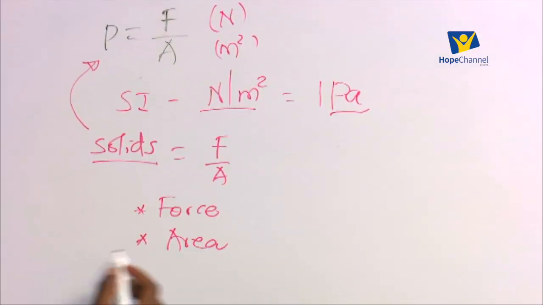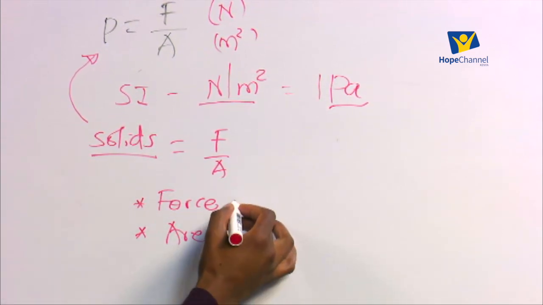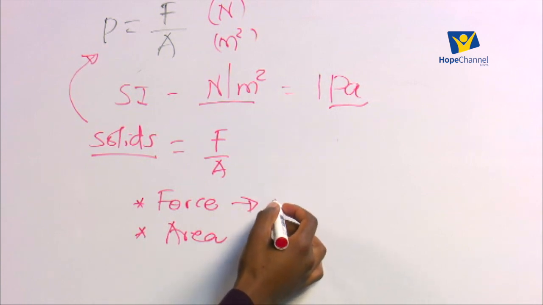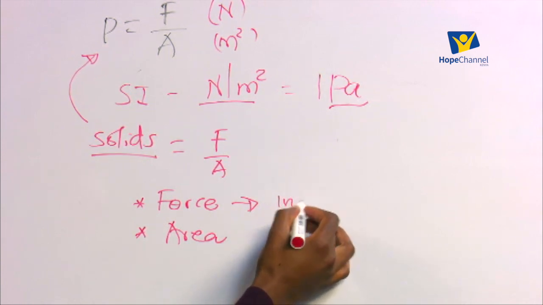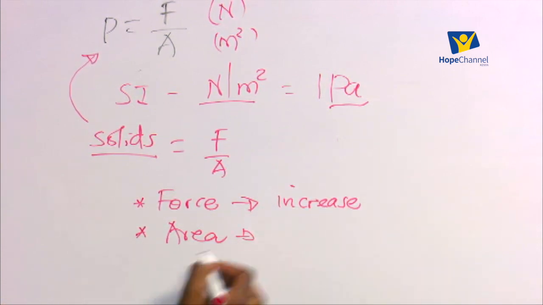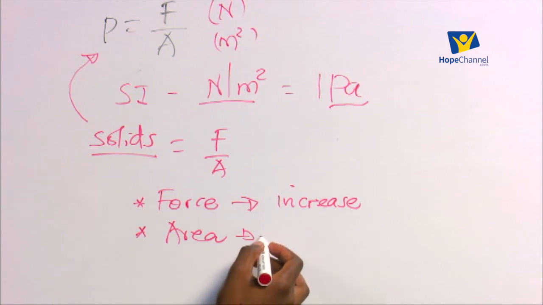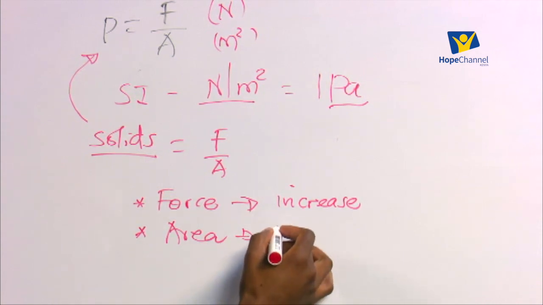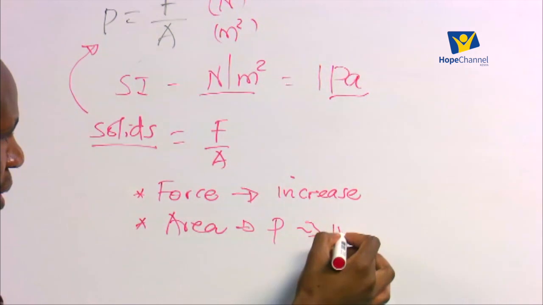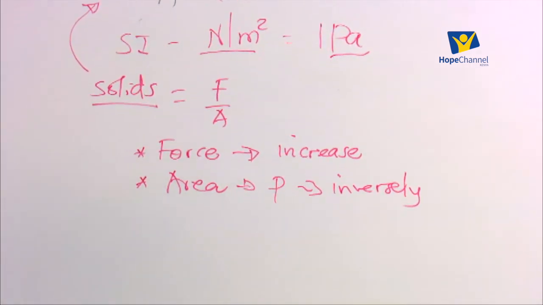The pressure was directly proportional to the force which is exerted, so when the force increases, the pressure also increases. But it was inversely proportional to the area, meaning what? If the area of contact increases, the pressure exerted reduces. If the area of contact reduces, the pressure increases. So that is what we discussed last time.